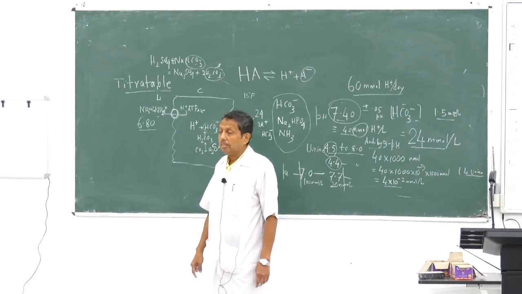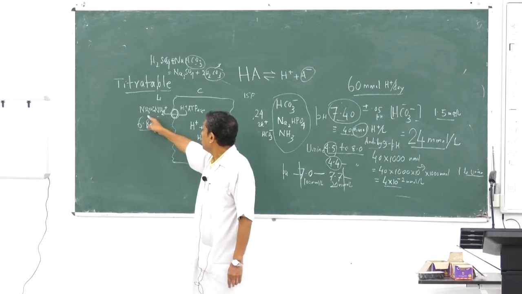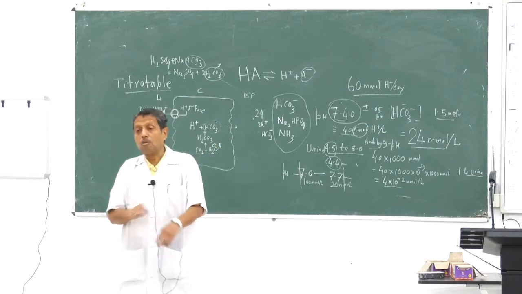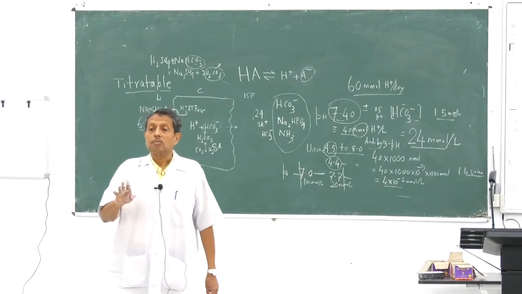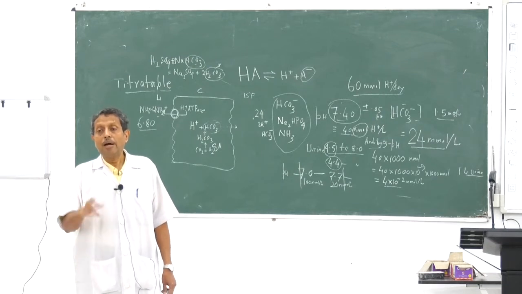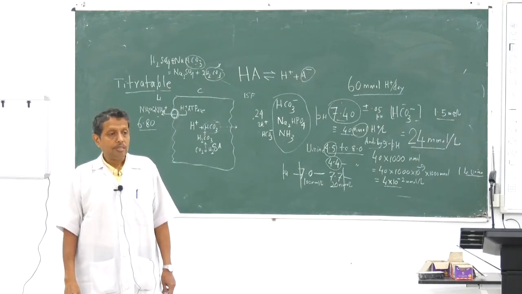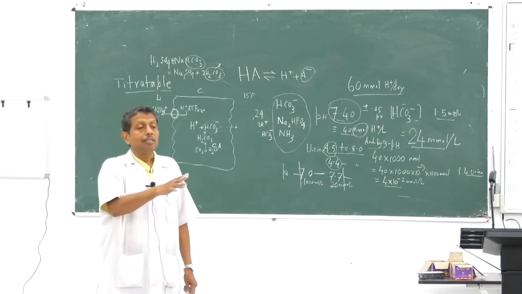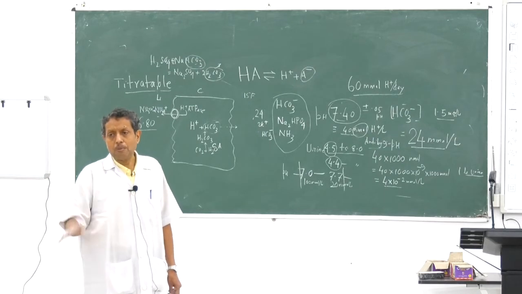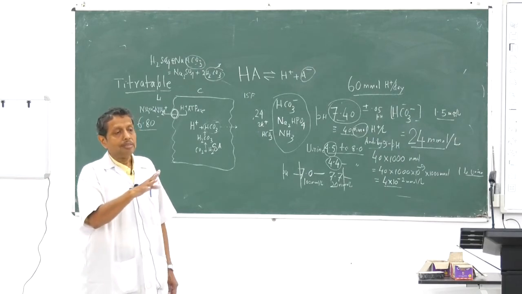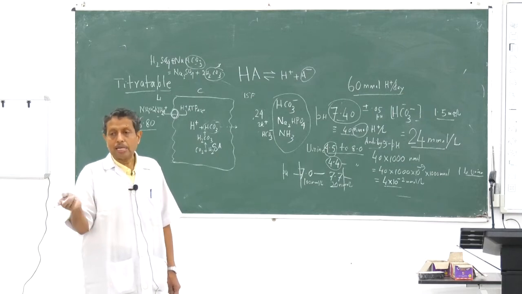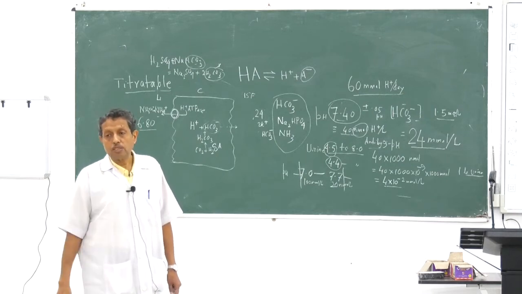Clear? Now, from which source does this ammonia come? Ultimately it comes from the liver. In the liver, by the process of gluconeogenesis or other metabolic processes, the amino group is produced, the amino end and the carboxylate, and from the amino group NH4 is produced.